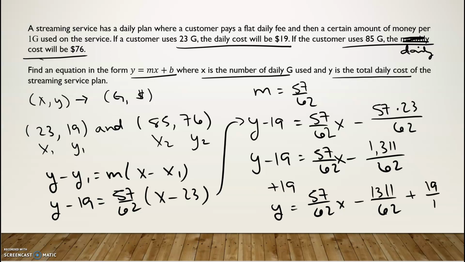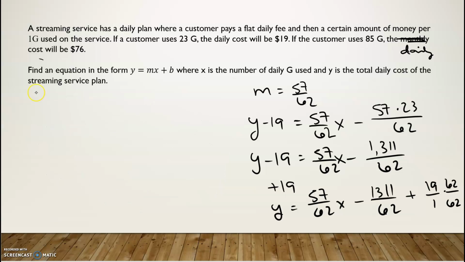I'm going to put 19 over 1. Now I need to multiply this by 62 over 62 so the denominators are the same. So that will give us y is equal to 57 over 62x minus 1,311 over 62 plus, that's going to give us 1,178 over 62.